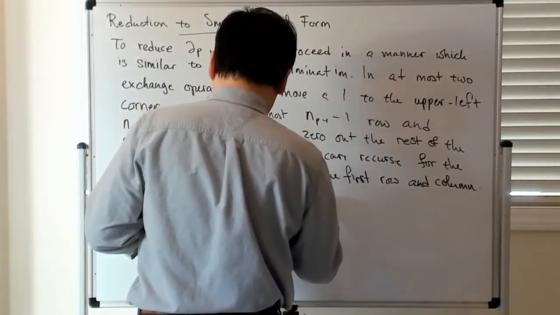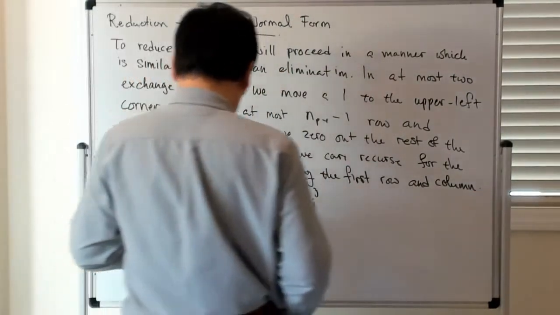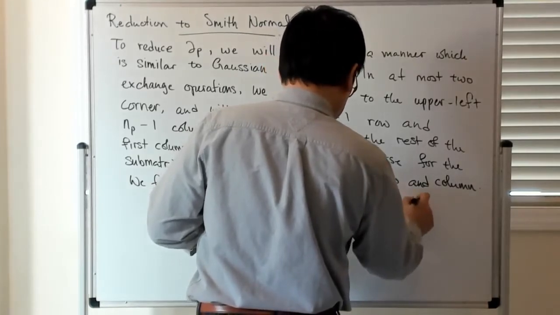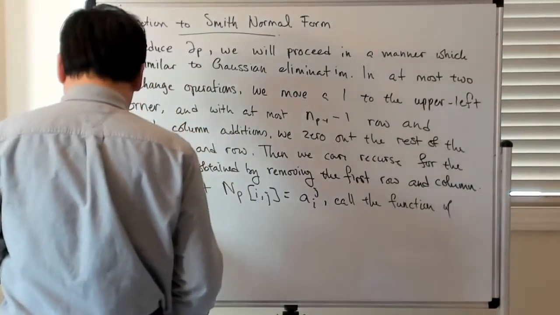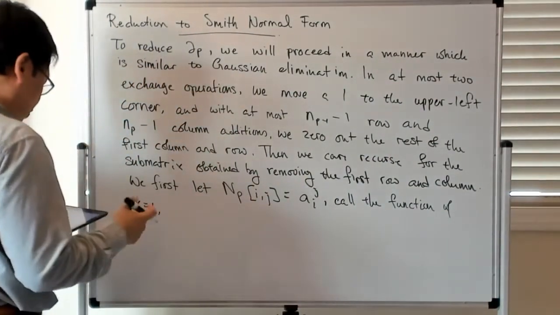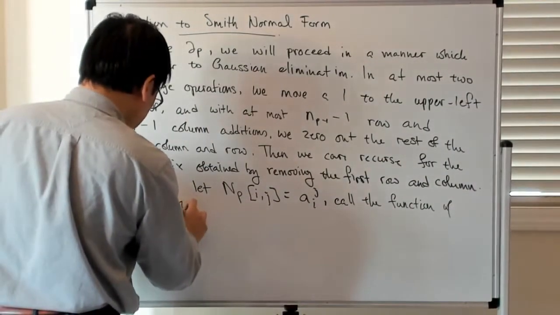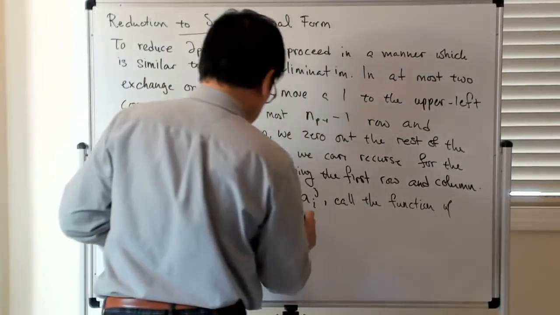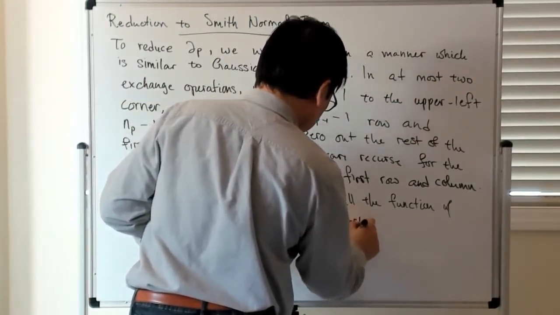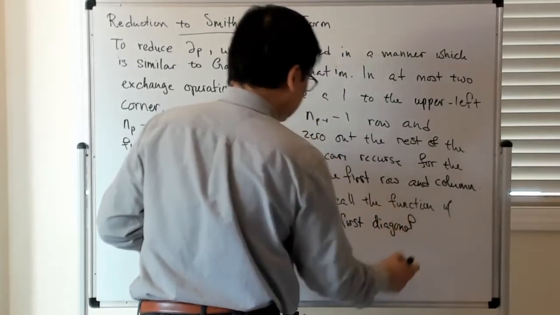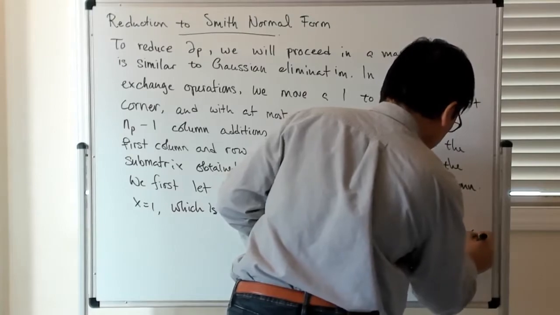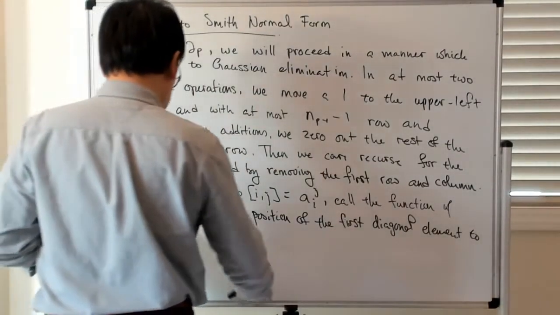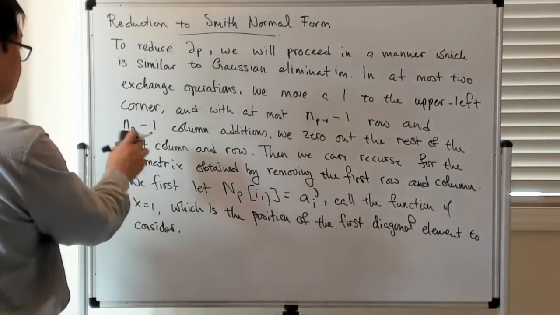So this is going to be a_ij, and then call the function with let's say x equals 1, which is the position of the first diagonal element.